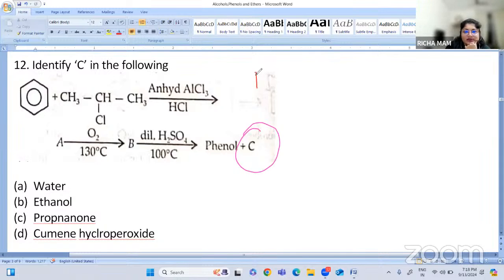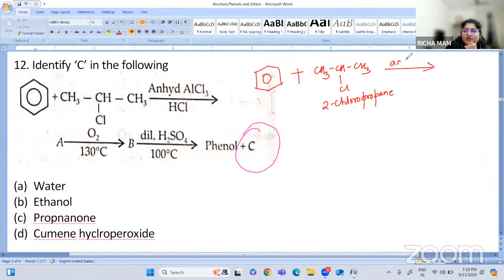So you have a benzene. You have CH3, CH, CH3, Cl. So that is 2-chloropropane. In the presence of anhydrous AlCl3, what will happen? Your benzene will be substituted.